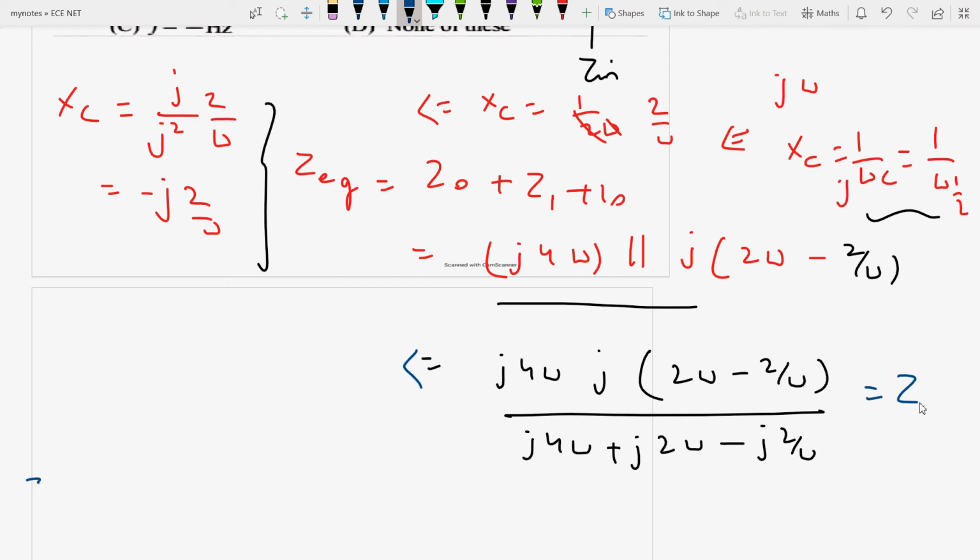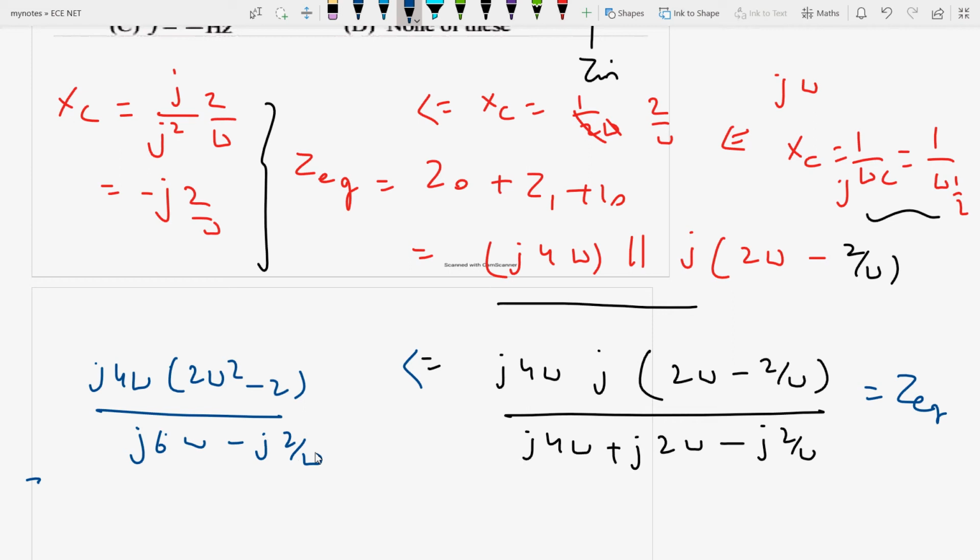This is Z equivalent, so I can write it as j 4 omega into 2 omega square minus 2, and it will be 6 omega square. That means you can write it as j 6 omega minus j 2 by omega.